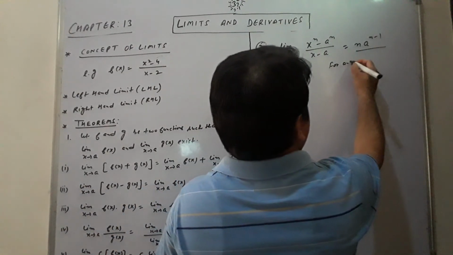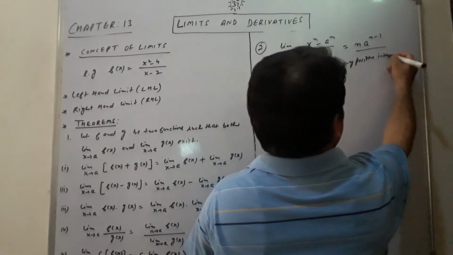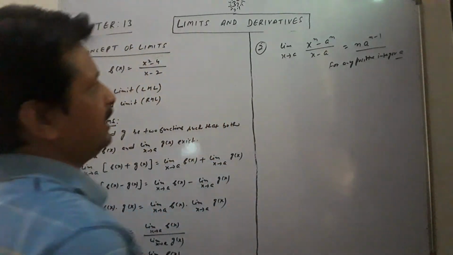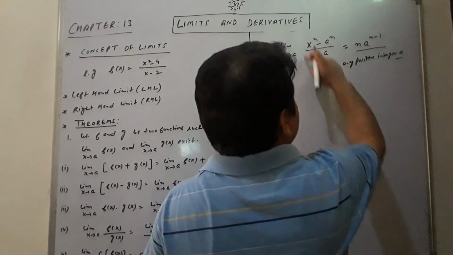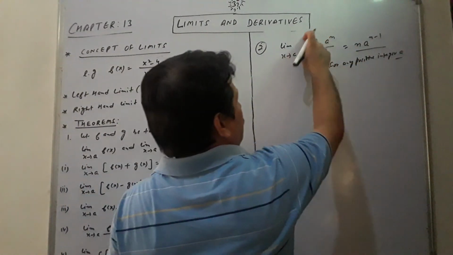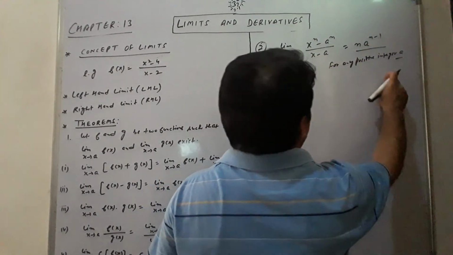So this is the base, students, that is limit x tends to a. This will come as equal to this, if the function is in this form. When we do the exercise questions, we will see that if our question is in this form, we will apply this theorem, and the result will come.